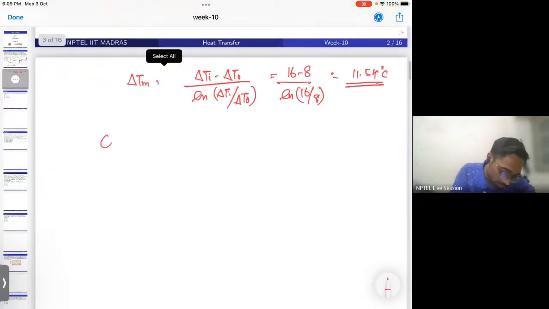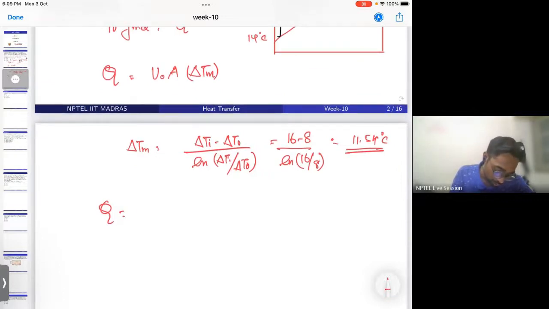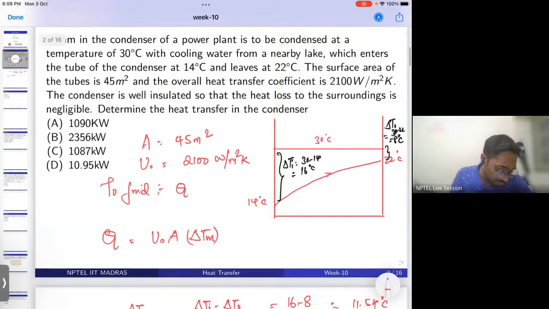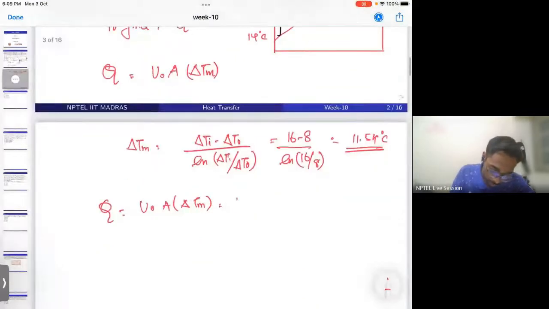Now the rest is just to substitute this: U0 times A times delta Tm. U0 is given as 2100, so 2100 into 45 into 11.54.